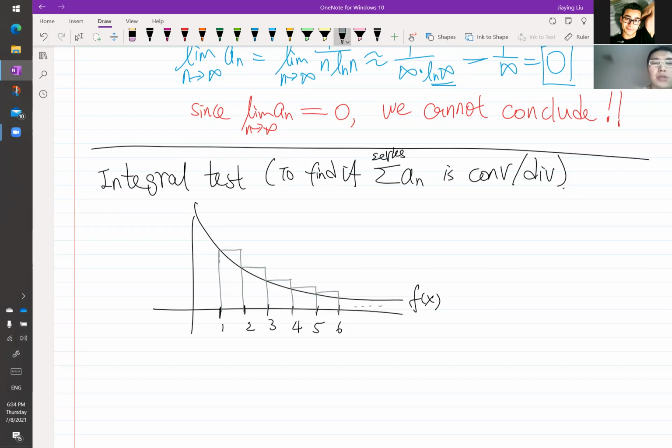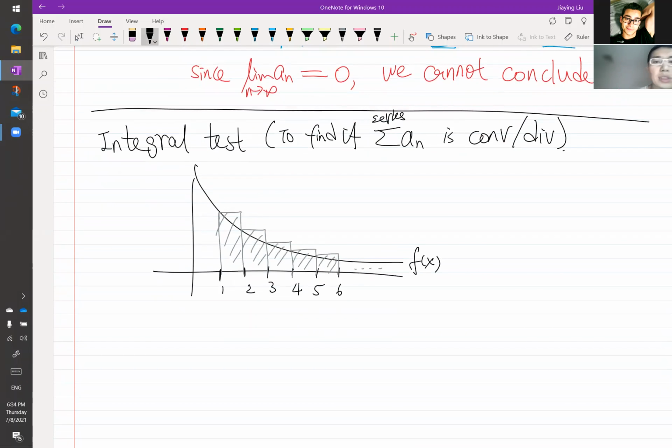That continues, and I'm going to shape those rectangles. If we sum up all those rectangles, we end up with an estimation for the area beneath the function.